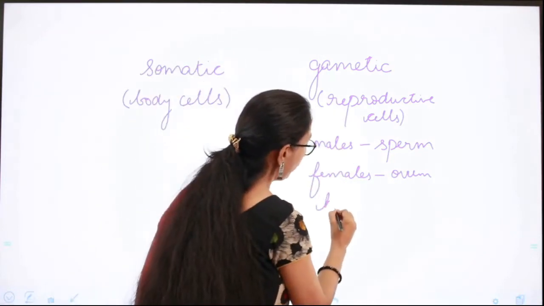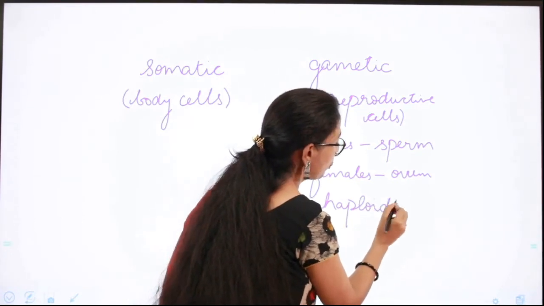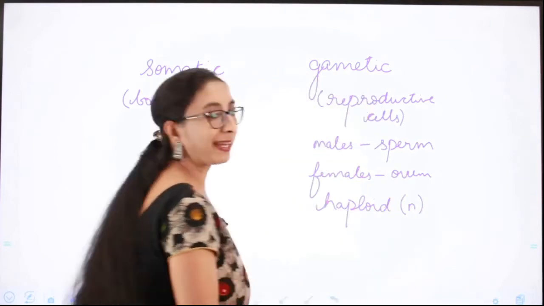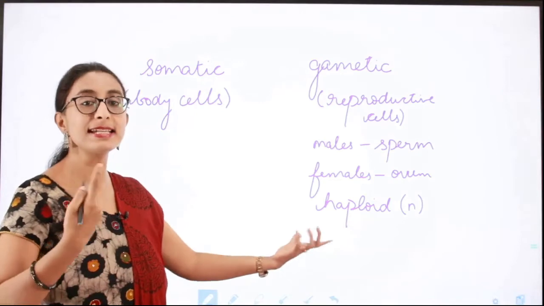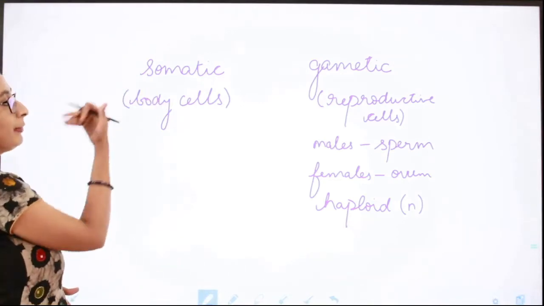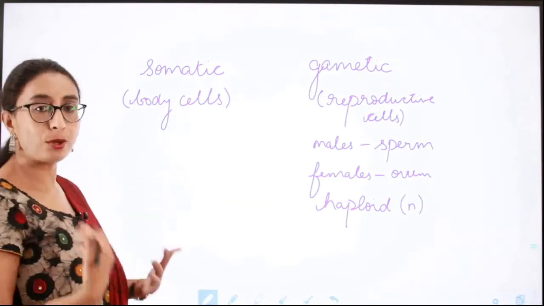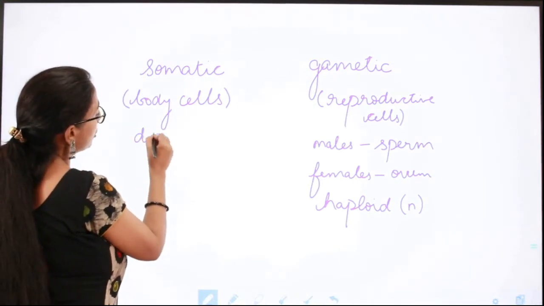What do we mean by haploid? That is, they have a single set of chromosomes, which we represent by a small n in brackets. Did you understand what we mean by haploid? Haploid means they have a single set of chromosomes. Now coming back to the somatic cells, the somatic cells are body cells. They are present throughout our body and these cells are diploid in nature.